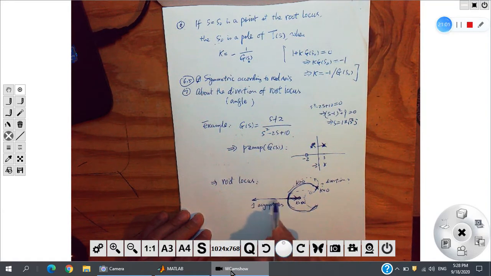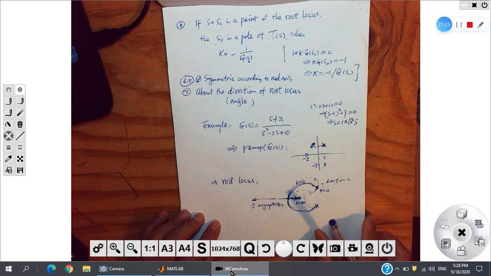Of course, depending on whether we have, like, 2 zeros and 1 pole, then this from infinity will go back to the pole. The direction will go back from infinity to that pole. Now it is from poles to infinity, so the direction is like this.